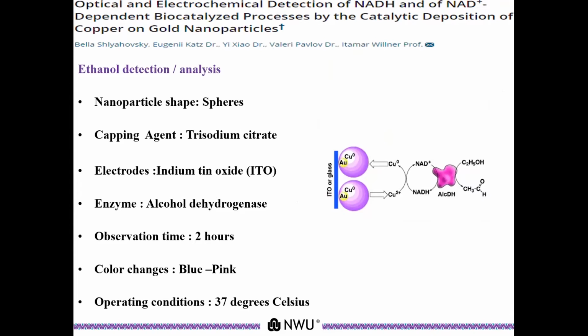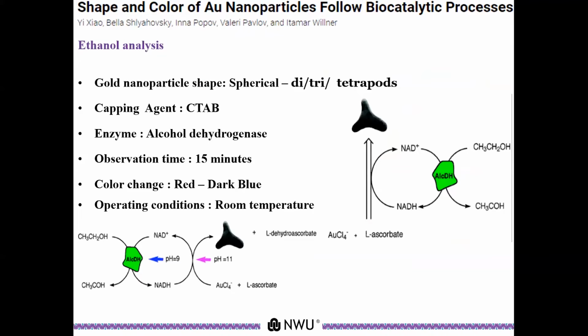In this article, they used nanospheres and a citrate capping agent, and the color changed from blue to pink. But on this one, they used tripods and tetrapods with the capping agent CTAB, and the color went from red to blue.